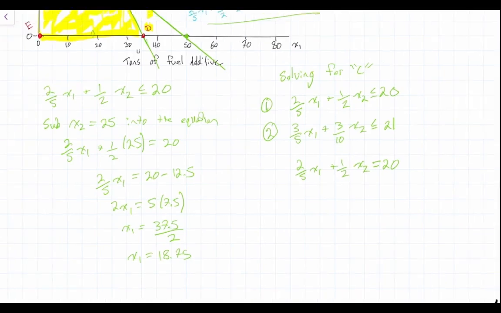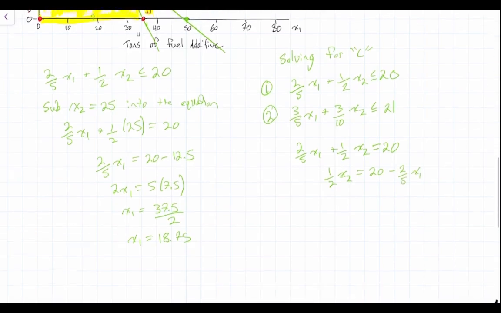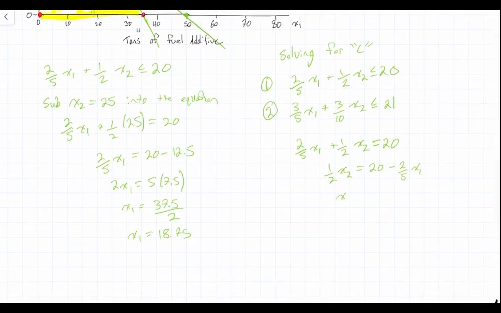So that means that 1/2 of x2 is equal to 20 minus 2/5 x1. So that means that x2 is equal to 2 times 20 minus 2/5 x1.